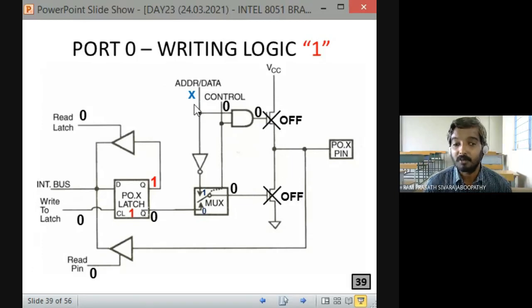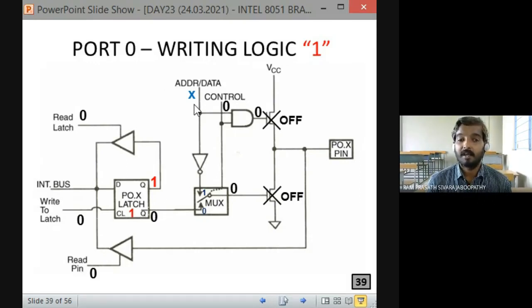This scenario we call floating. We call it high impedance state. Neither connected to logic 1 nor connected to ground. Neither connected to VCC nor to ground. Correct? So this scenario we call high impedance state, or the pin is floating.